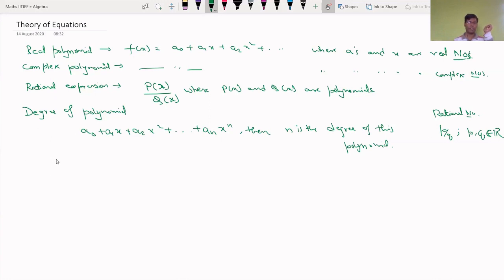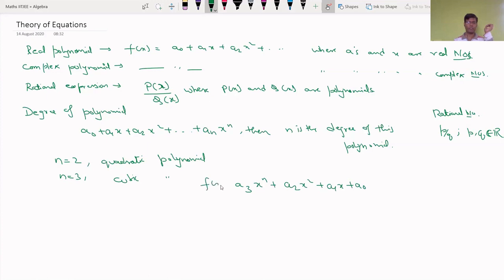In case n is equal to 2, we call it a quadratic polynomial. When n is equal to 3, it is a cubic polynomial, of the form a3 x cube plus a2 x square plus a1x plus a0.